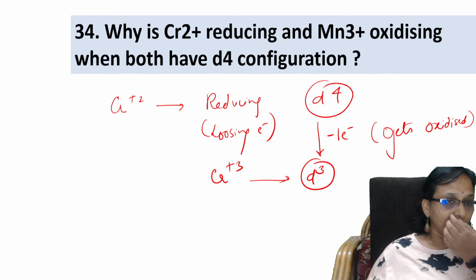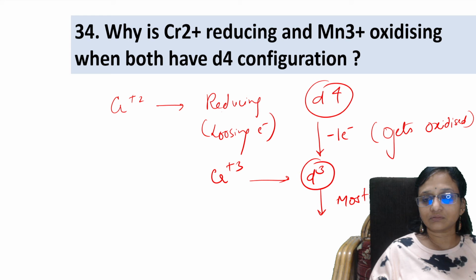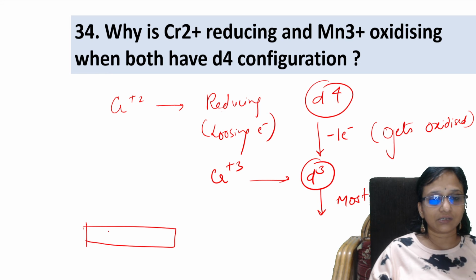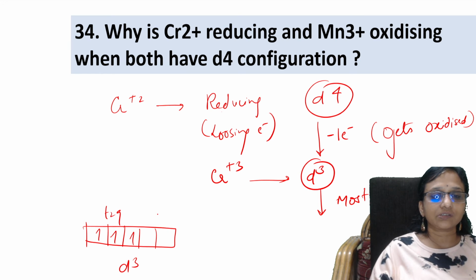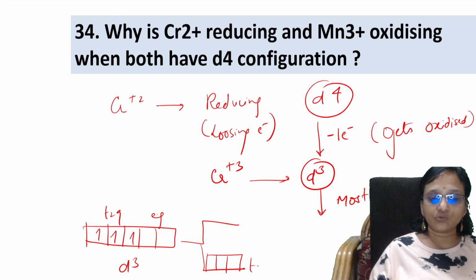Now you only tell me, d3 is the most stable t2g set. How does it look? It looks like this. How many are there? d3, 1, 2, 3. This is t2g, and this is eg. So how will it split? It will split into two parts, one is t2g, 1, 2, 3, and one is eg.